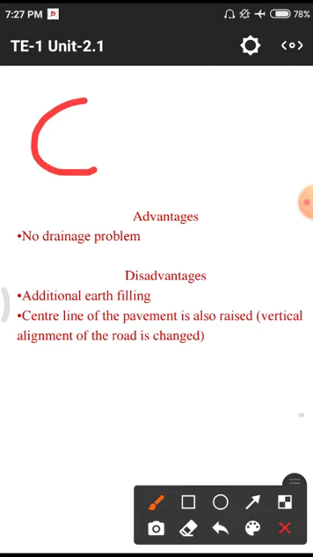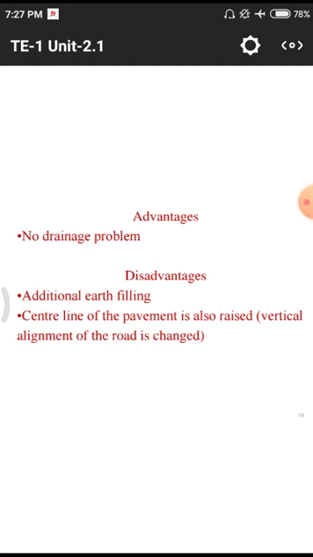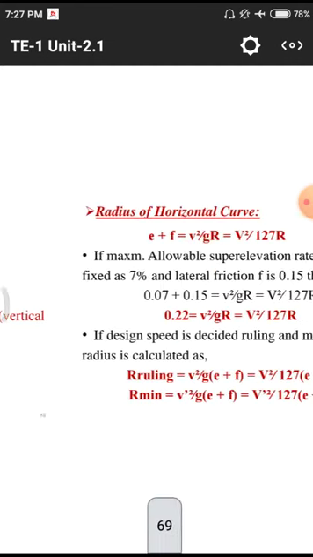That means the inner edge is constant and the outer edge will be raised. But in S curves, on one side the inner edge will be raised, and on the other side the outer edge will be raised, so different kinds of raisings are there. This is the problem. Vertical alignment will change due to the properties of the alignments and vertical lines.